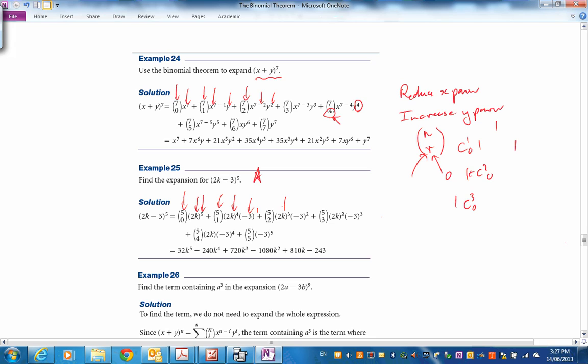Then reduce the power of 2k to the 3 there and bring in neg3 to the 2, and it's C5 2. Look at the matching. The power of that second term equals the number in the bottom here. Then you get 2k squared and neg3 cubed and C5 3.